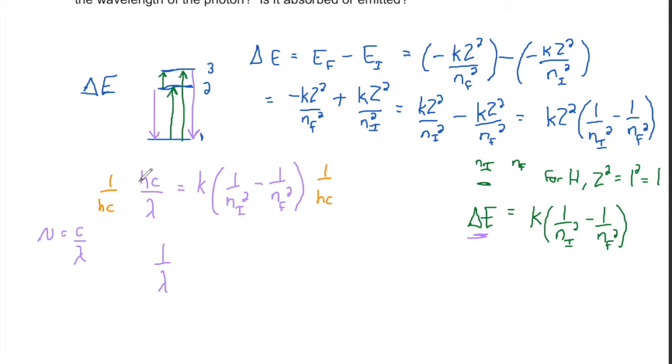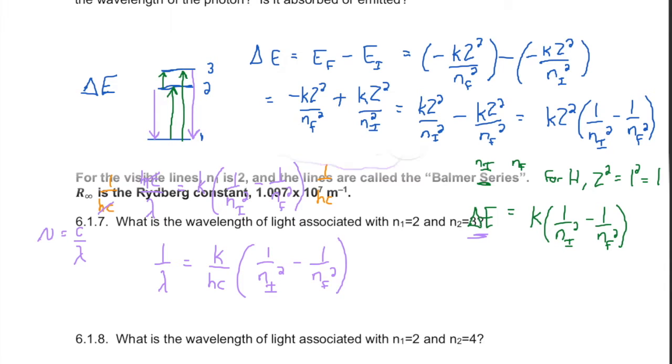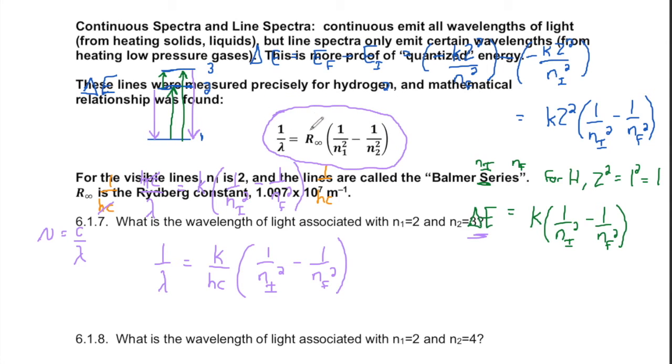On the left side, that gives us 1 over lambda because the hc's cancel. And this equation over here for 1 over lambda, the wavelength of the light that's either absorbed or emitted, is very similar to an equation we saw at the end of section 6.1, the one with the Rydberg constant.